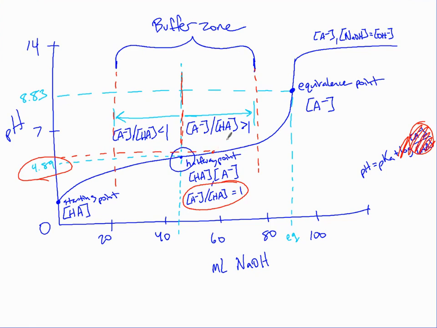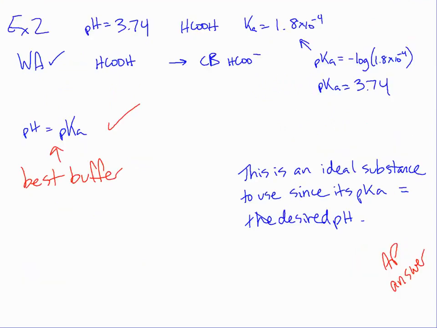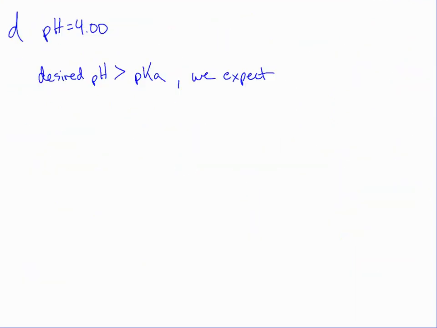So we're looking at having more conjugate base than we have acid. More conjugate base than weak acid. Because if the pH is higher, we've gone beyond the halfway point, which means more of the acid is gone.